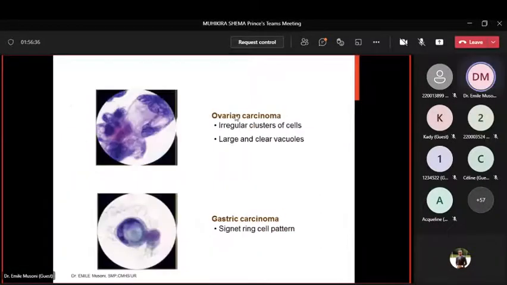I don't ask you to memorize. For example, this one is some signet ring cells found in pleural effusion. This one will be a feature of gastric carcinoma. Of those, here is where they diagnose follicular lymphoma, large cell lymphoma, but this is not your task.